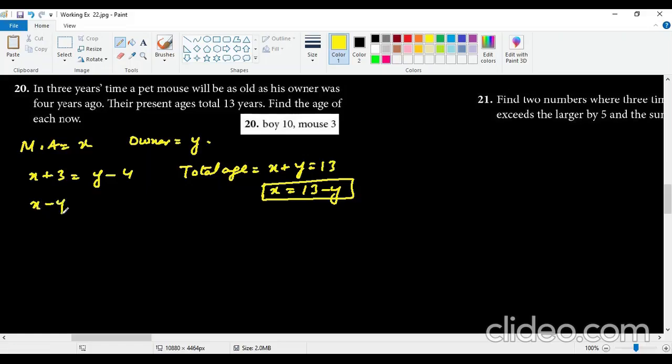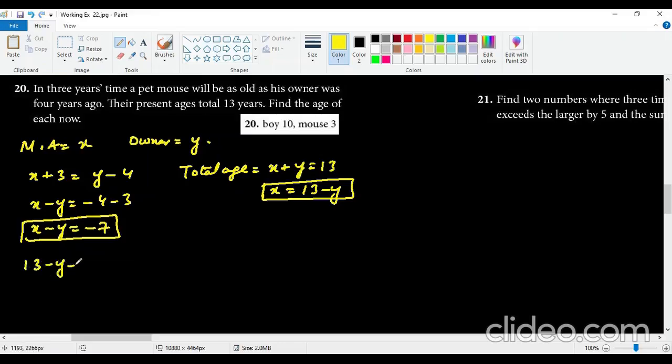So x minus y equals negative 7. Now I know very well that the value of x is 13 minus y. So I will write 13 minus y minus y equals negative 7.